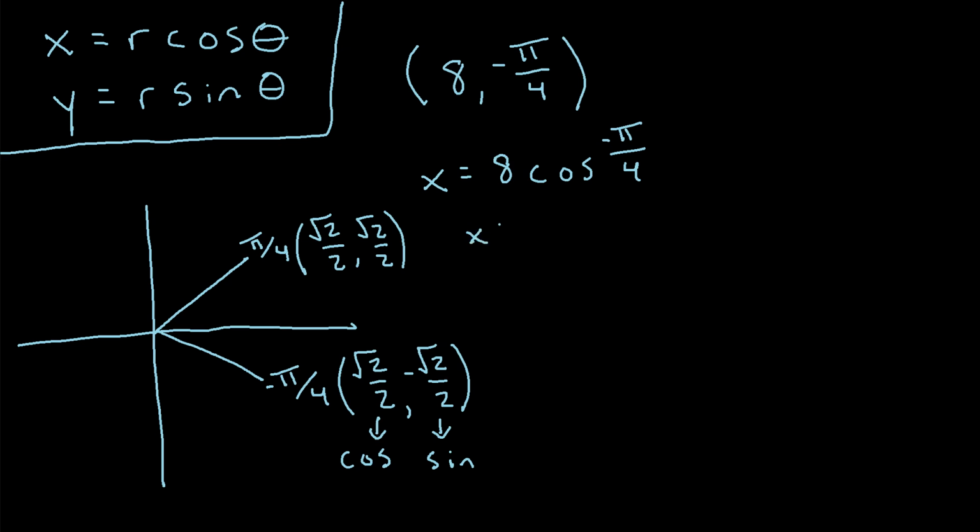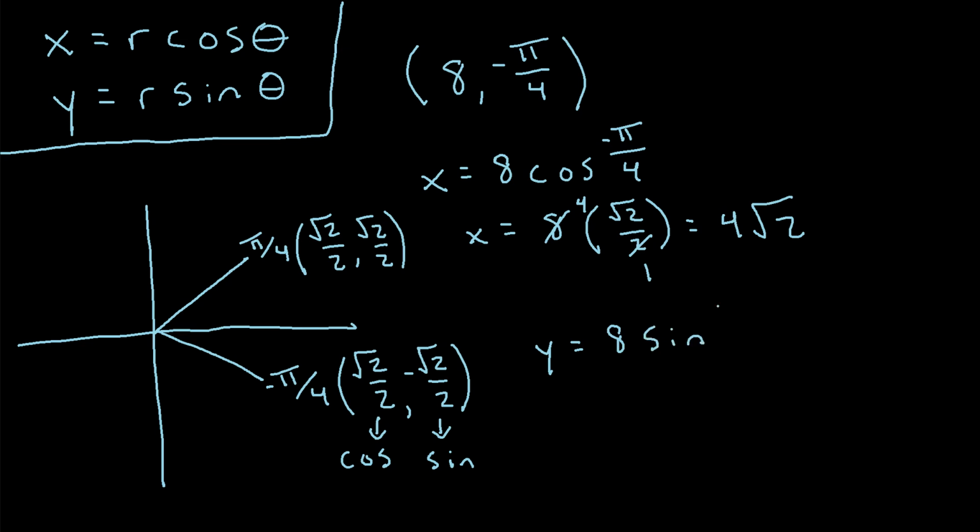So we can write x is equal to 8 times root 2 over 2. And when we multiply these two values, this 8 will become a 4, this 2 can be reduced to a 1, so we'll just get 4 root 2. Now for the y, we'll say y is equal to r, remember r is 8, times the sine of theta. So the sine of negative pi over 4.